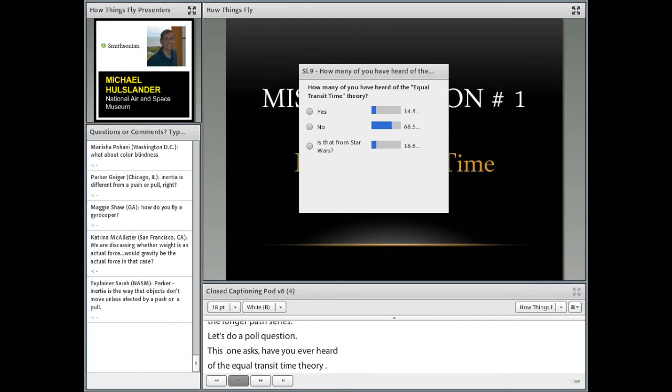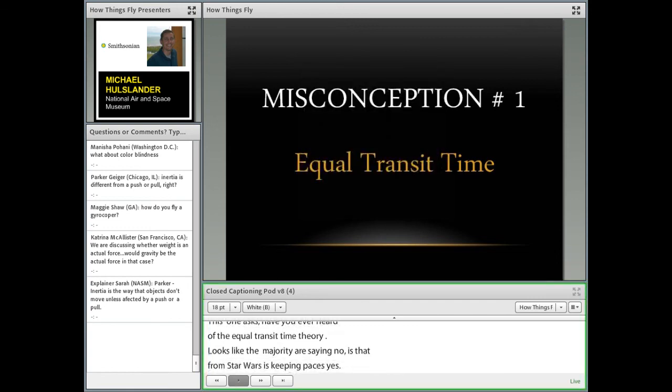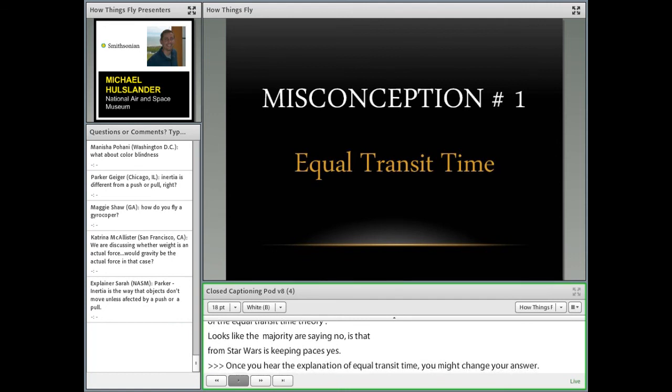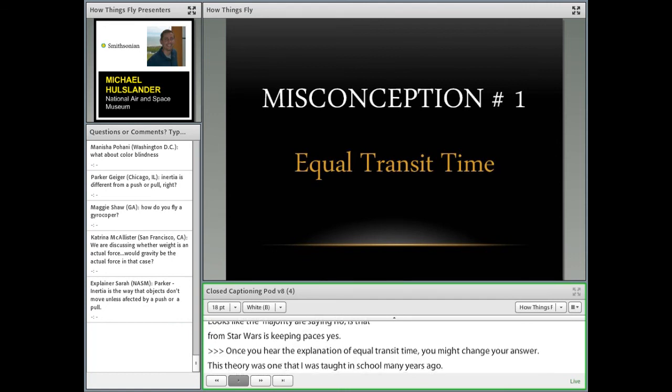I think once you hear the explanation of equal transit time theory, you might change your answer. This first theory was one I was originally taught in school many years ago, and I've actually seen the same explanation used in several textbooks that are still in print today. You can also find this explanation for the generation of lift, that is the equal transit time, all over the internet.